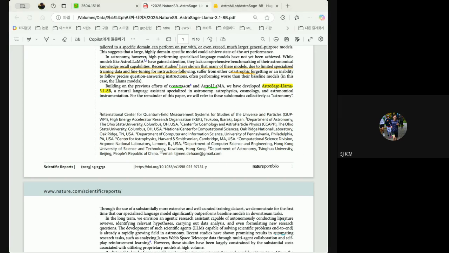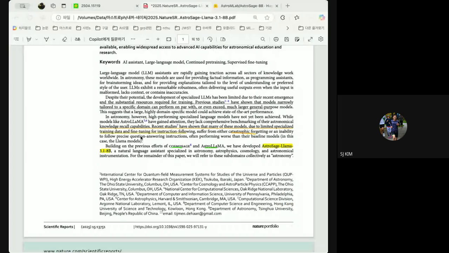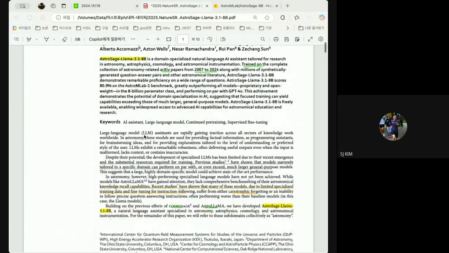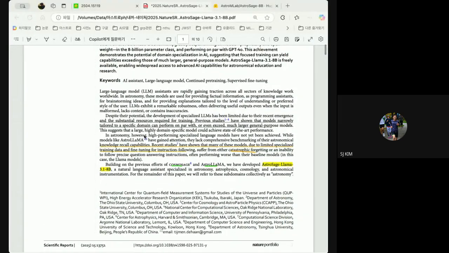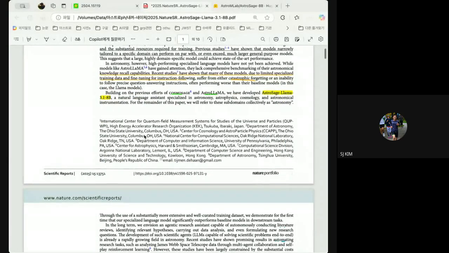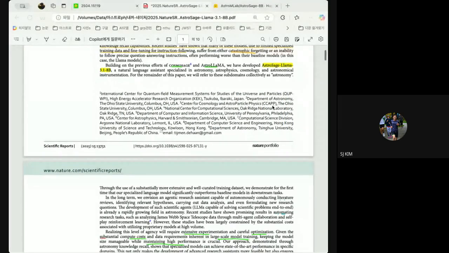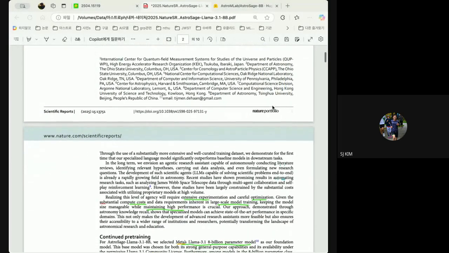So their purpose is to develop a highly performing GPT-4 like large language model specifically for astronomy. The name is Astro-ph Llama 3.1 8B.